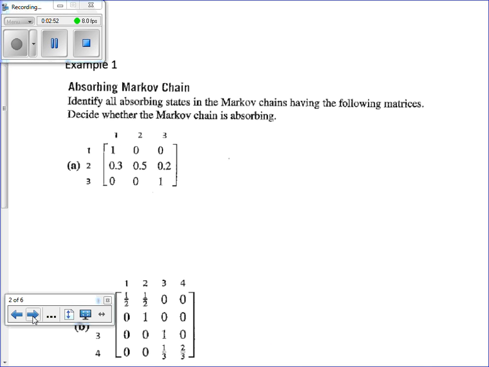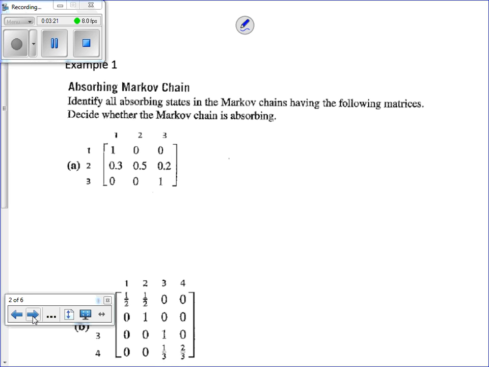Example 1, absorbing Markov chain. Identify all absorbing states in the Markov chain having the following matrices, and decide whether the Markov chain is absorbing. For it to be absorbing, we have to have one absorbing state, and we have to have a non-absorbing state that goes into that absorbing state.